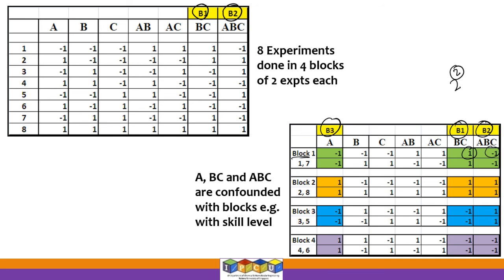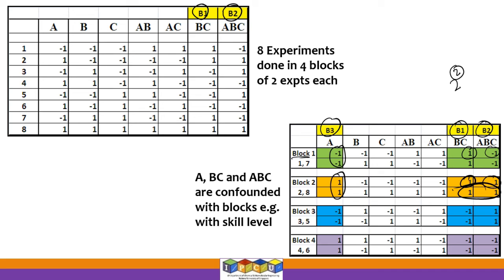That block comprising experiments 1 and 7 also happens to have A assigned as equal to -1. All right, so that is what it is. Now, if ABC is equal to +1 and BC is equal to +1, it is going to be in block 2, and experiments 2 and 8 fall in that category. And we also see that for those 2 experiments in block 2, A has a value of +1.